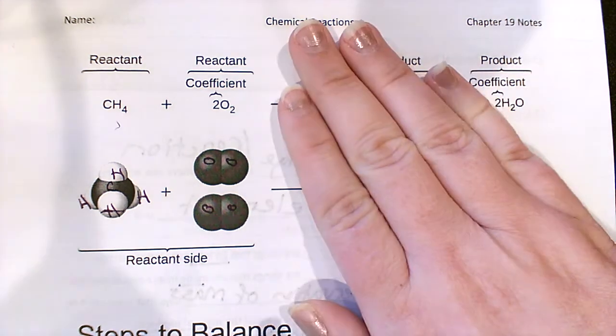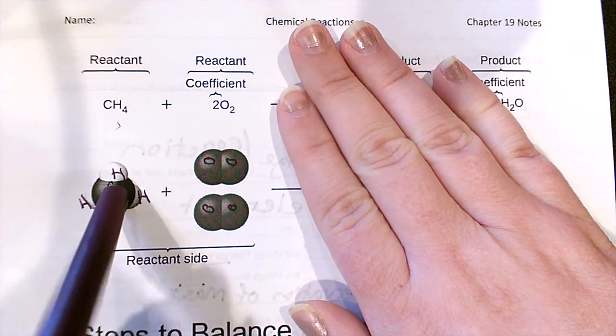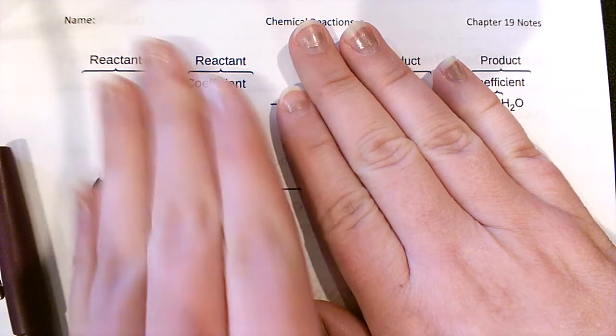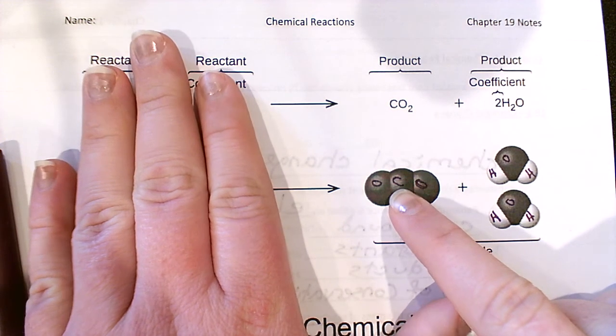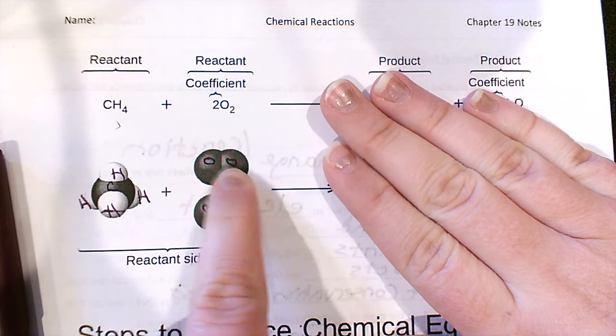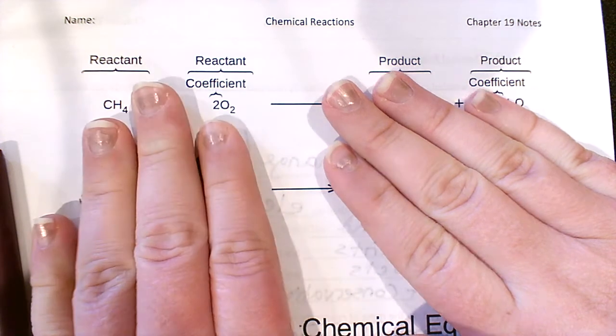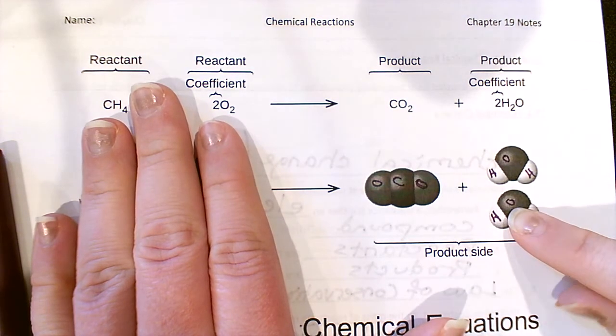On this side, if I count the carbons, I have 1. And if I look at this side, if I count carbons, I have 1. That balances. If I look at oxygens, I have 1, 2, 3, 4, and I have 1, 2, 3, 4.